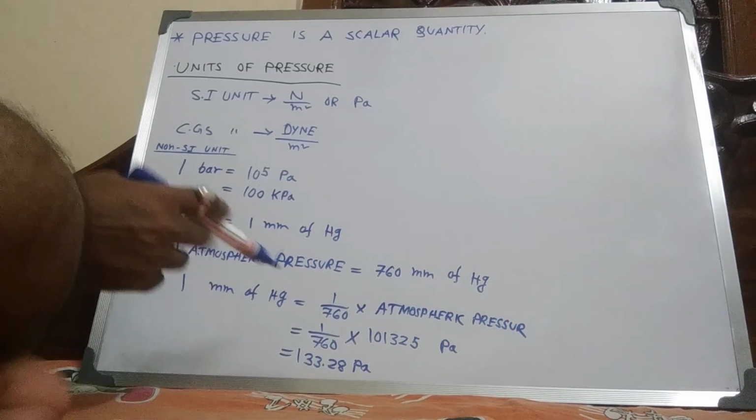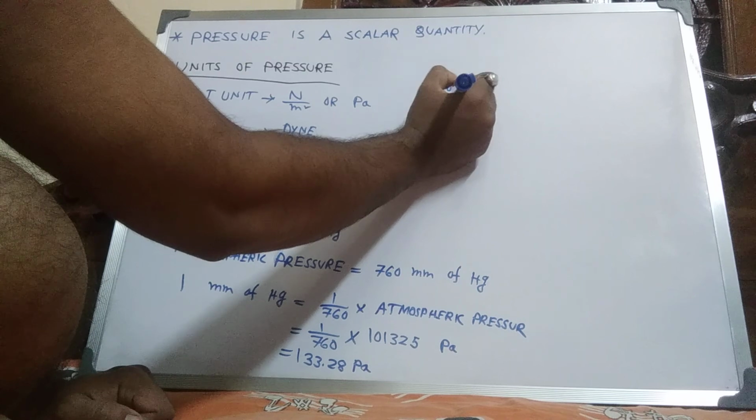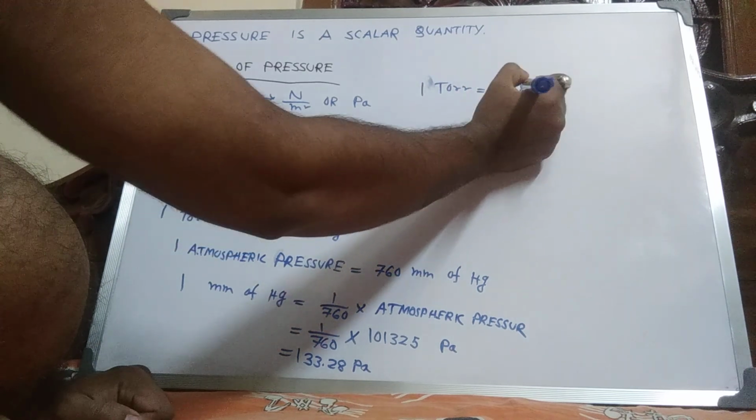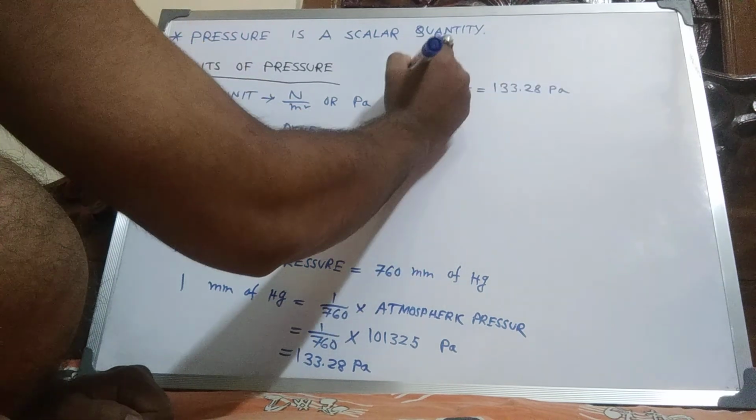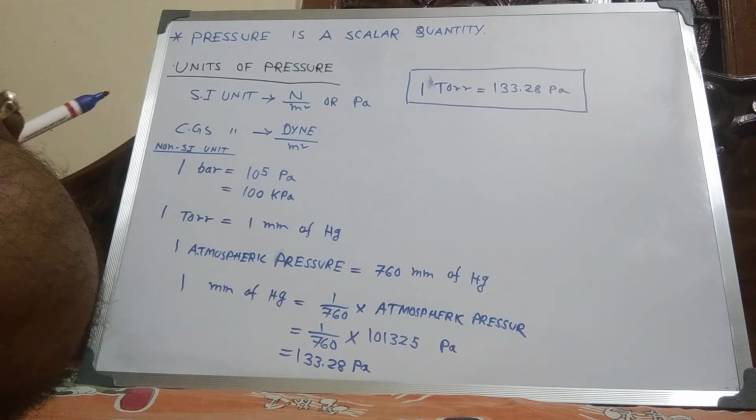So 1 torr equals 133.28 Pascal. And another non-SI unit is 1 psi, equal to 6894.76 Pascal.